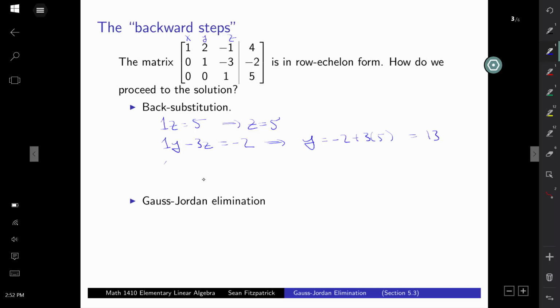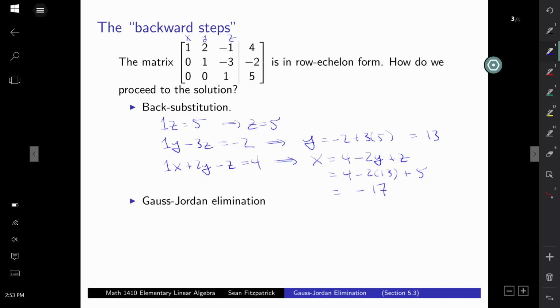The top row says 1x plus 2y minus z equals 4. And so x is 4 minus 2y plus z. So that's 4 minus 2 times 13 plus 5, which is going to give me minus 17, I believe.